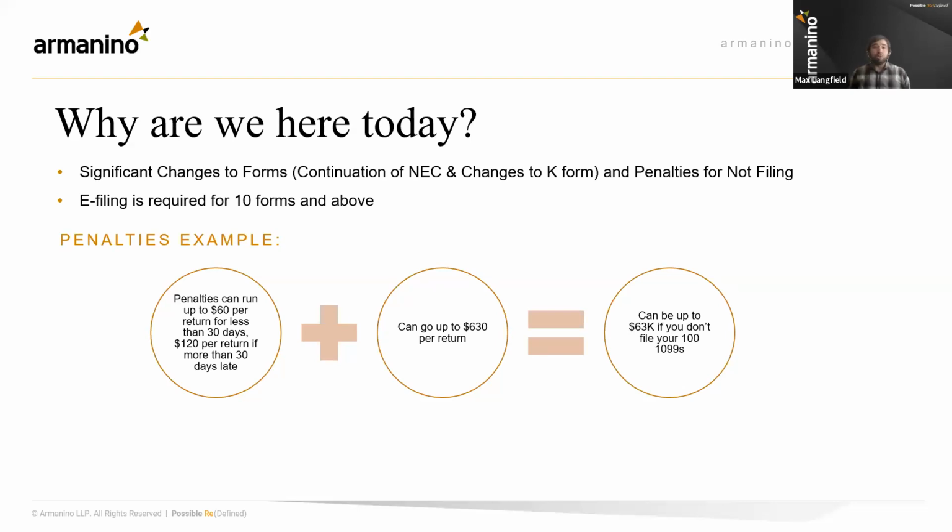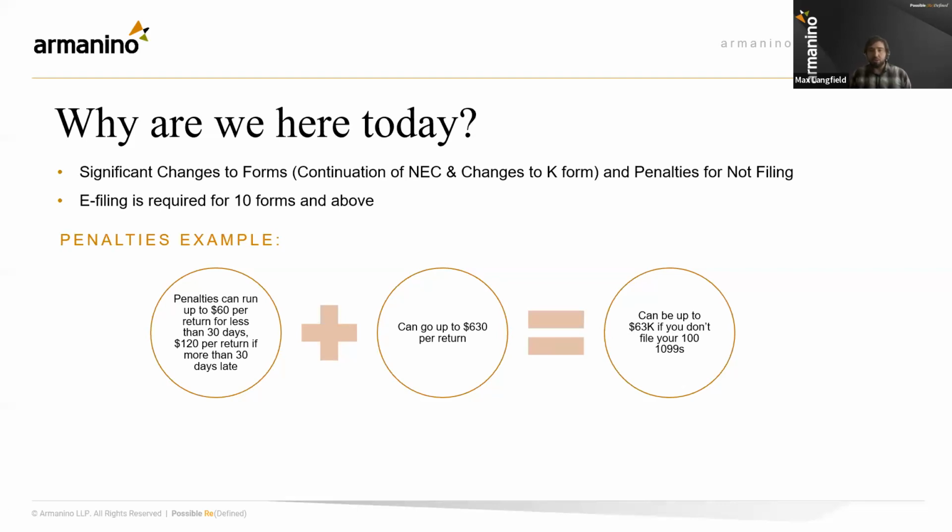There are also significant upcoming changes to the 1099-K form. The 1099-K is a form that credit card companies, online marketplaces, and payment apps will send when you make a payment through them, basically. So the threshold historically has been $20,000 and 200 or more transactions to a particular recipient in a calendar year. Anything under that, and you are not required to file.